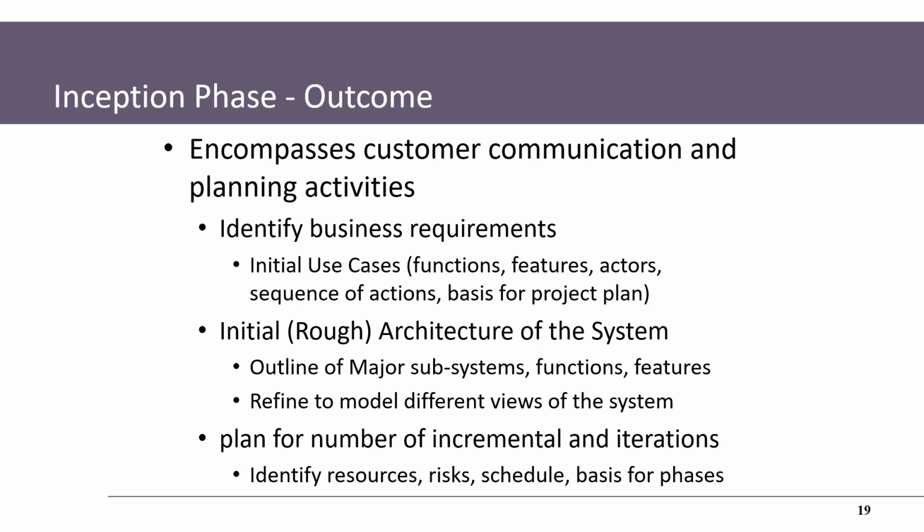That is where you initiate communications with the customer, and then the overall plan will come up as part of the inception phase, and identify the business requirements. You put in the business use cases, initial use cases, basic functions, features, actors, and the sequence of actions as the basis for the project plan.